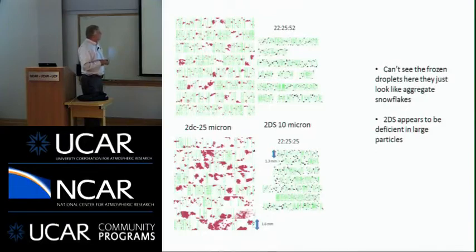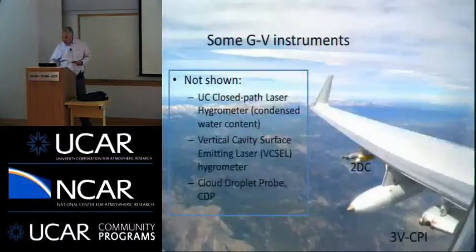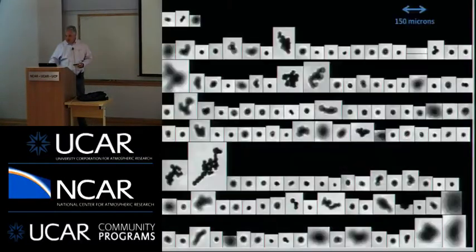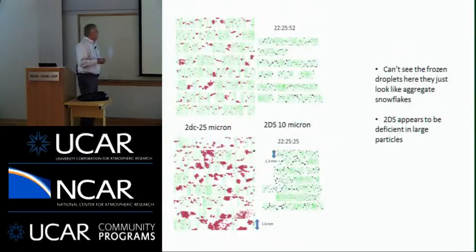If we look at the 2DS, which is inside the 3V-CPI, you'll notice that this instrument is sampling through a tube, whereas this one is sampling through two different arms. So if there is going to be a breakup, this tube would probably be more susceptible to breakup than this, although it's really a subject of active investigation. But when we compare the data from the 2DC with the 2DS, we notice the absence of large particles.